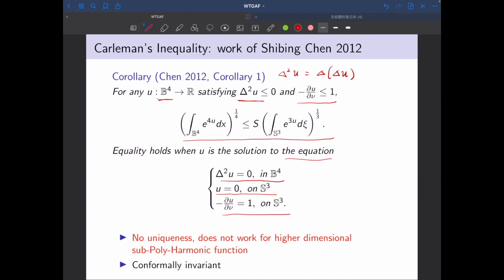So the issue with this generalization is that there is no uniqueness, and also it is not likely going to work for higher dimensional generalization, just because in higher dimensional unit ball we will have to consider higher order derivatives as boundary conditions.